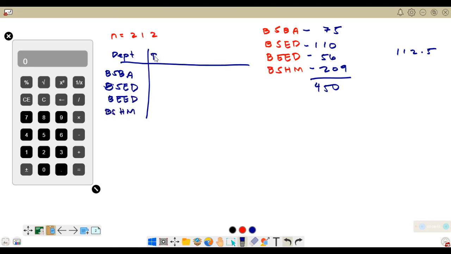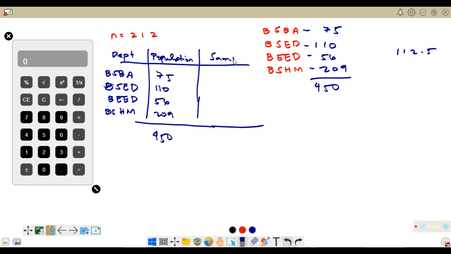And then, ito yung population nila. So, we have here 75, 110, 56, and 209, giving us a total of 450. Dito sa dulo, nandito yung number of samples. So, for the number of samples, dapat we will come up with 212, yung computed n natin from the Slovin's formula.